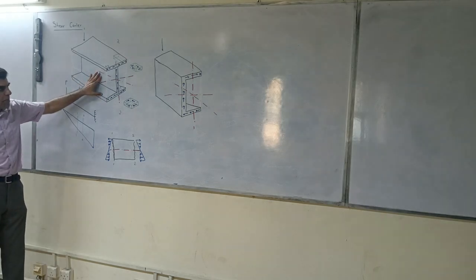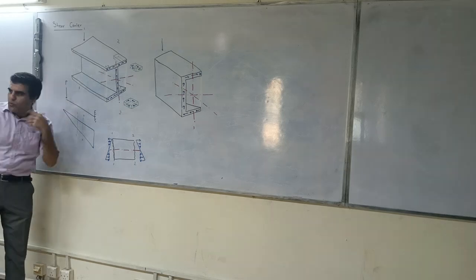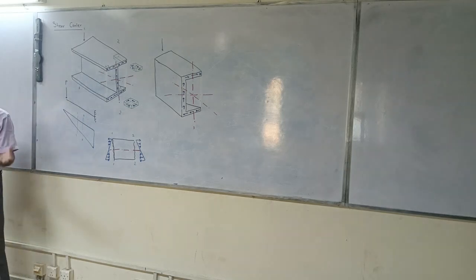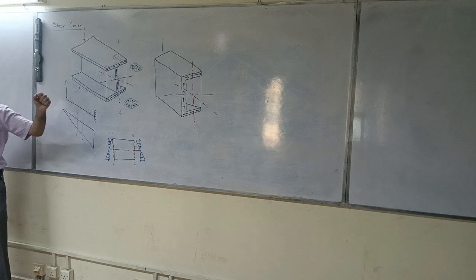Now, once we have established our shear flow, after this we will check whether equilibrium on a global scale is satisfied. On a global scale, I mean overall in this structure, this component should be in equilibrium.